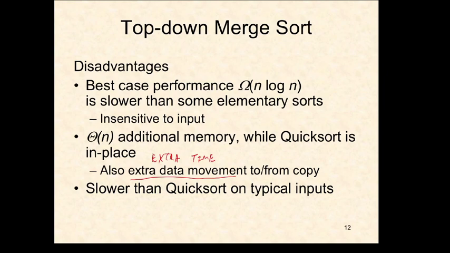Okay, so the top-down merge sort has that extra memory for merging. Now there is an in-place merge that exists, but it has a disadvantage. In-place merge, the code is so complicated that its constant factor is worse than our not in-place merge.